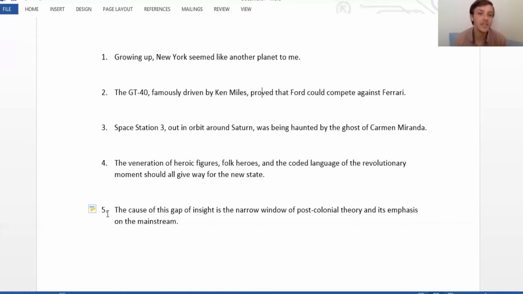So similar to sentence 2, I see that Space Station 3 was being haunted by the ghost of Carmen Miranda. So we could get rid of "out in orbit around Saturn," and the sentence would still work, which indicates to me that Space Station 3 is the simple subject, and that "Space Station 3 out in orbit around Saturn" is the complete subject.